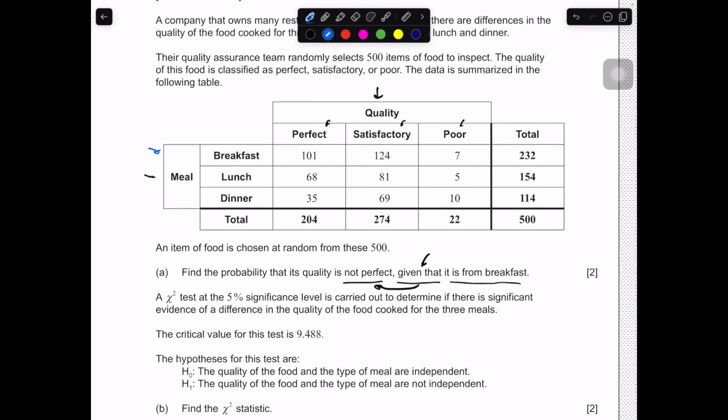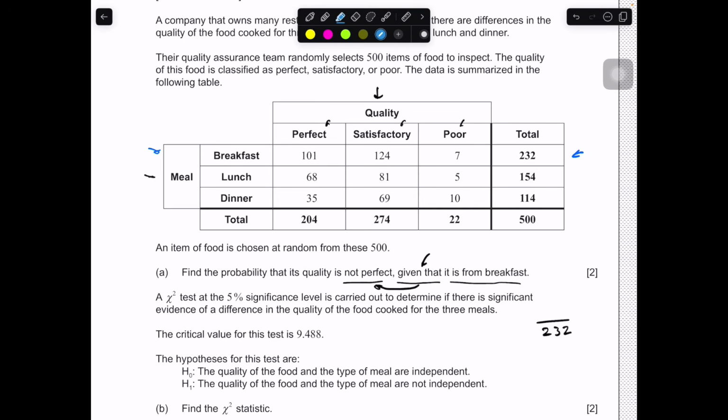Given that we've sampled something from the breakfast menu, we're dealing with these 232, let's say, breakfast options that were selected. What is the probability that it was not perfect? So given that it was selected from the breakfast portion, what is the probability that it's not perfect? So we're dealing with this subset right here.